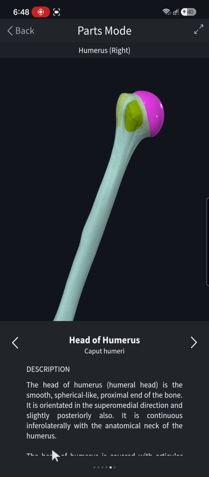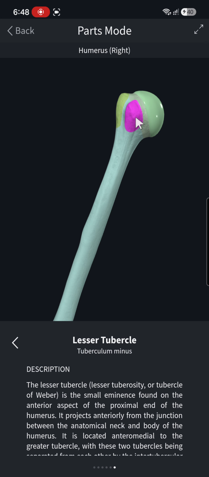Lastly, we have parts and landmarks on the humerus that are important in the shoulder joint. First is the head of humerus, which fits into the glenoid cavity on the scapula. And then we have the lesser tubercle, which is the site of insertion for the subscapularis muscle, which is one of 4 of the rotator cuff muscles.